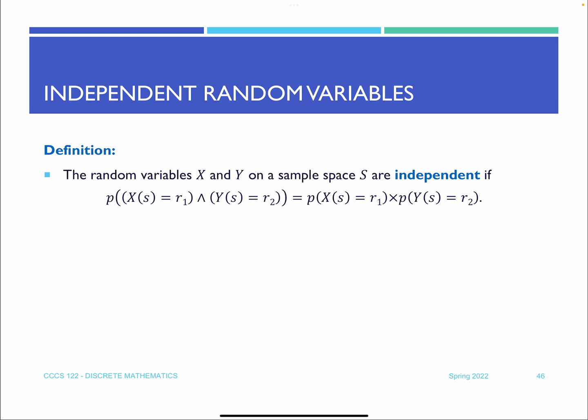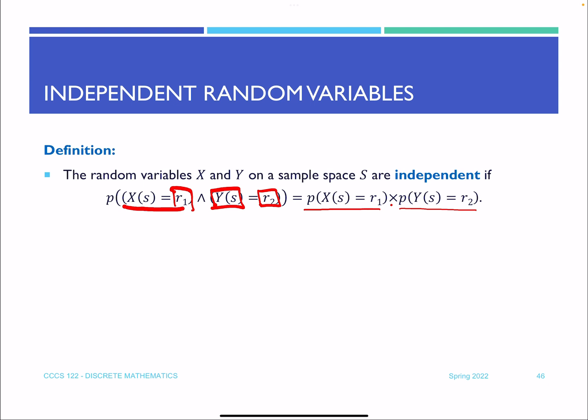So, definition. Random variables x and y on the sample space S are independent if the probability that one variable takes on a specific value, say R1, and the other random variable y takes on another value R2, is equal to the probability that x takes on the value R1 multiplied by the probability that y takes on the other value, R2.